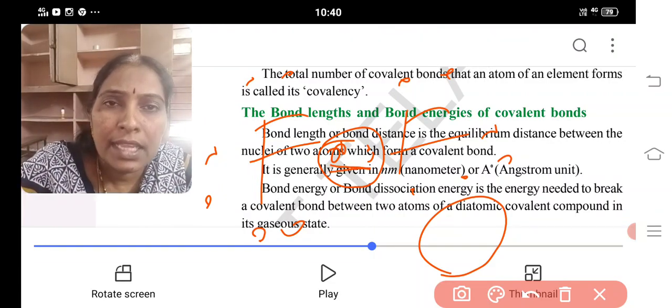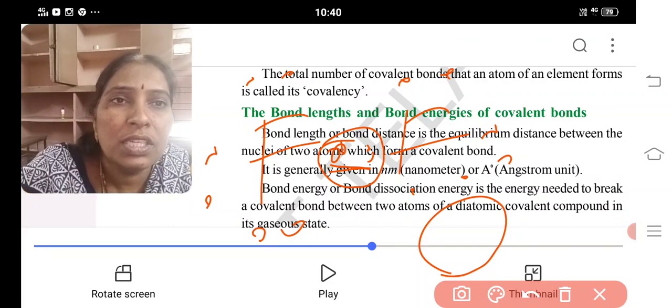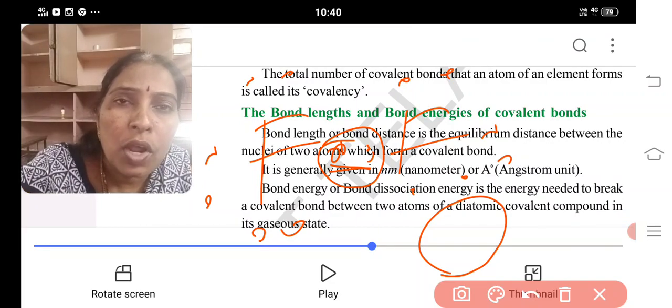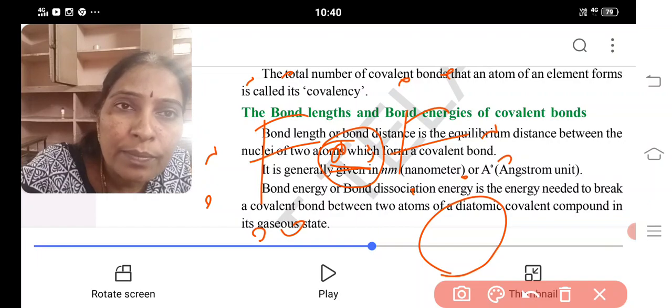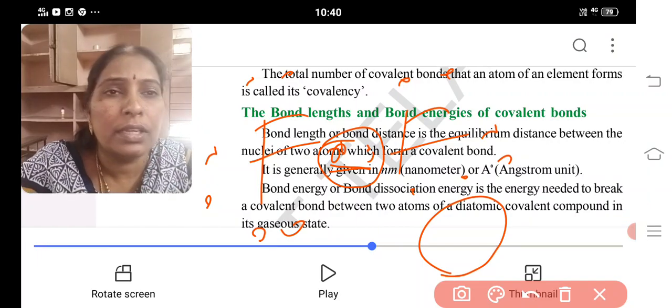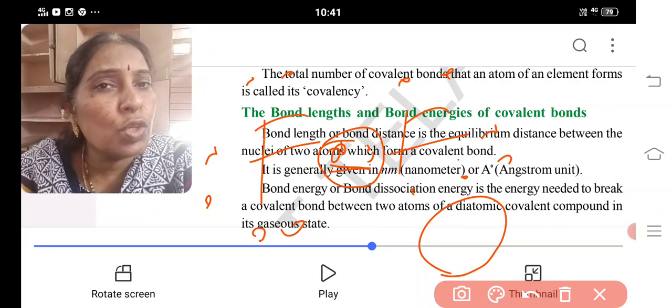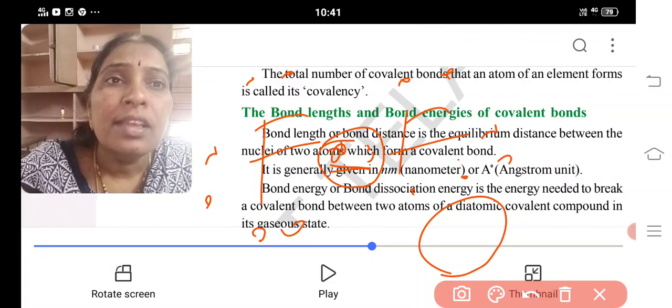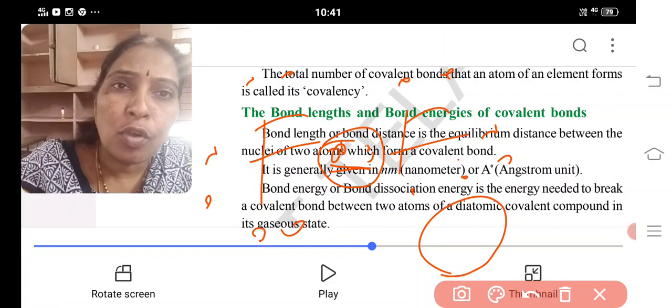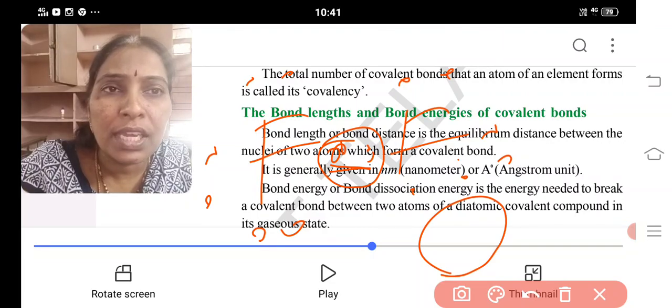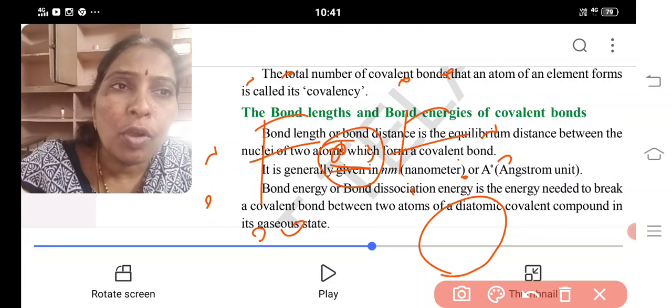Bond length or bond distance is the equilibrium distance between the nuclei of 2 atoms. This is the nucleus of one fluorine and this is the nucleus of another fluorine. The distance between the 2 nuclei when they are sharing electrons, or forming a covalent bond, is said to be the bond length.